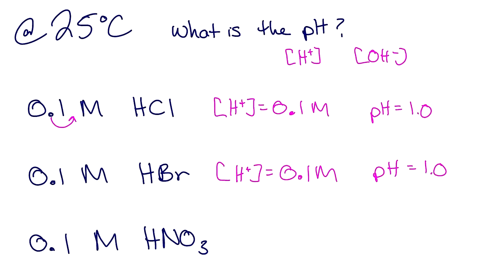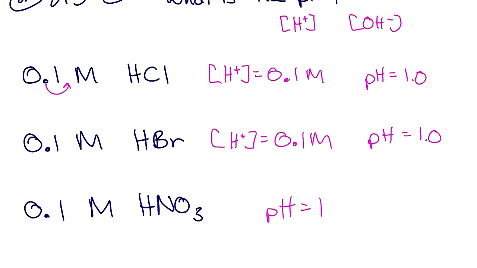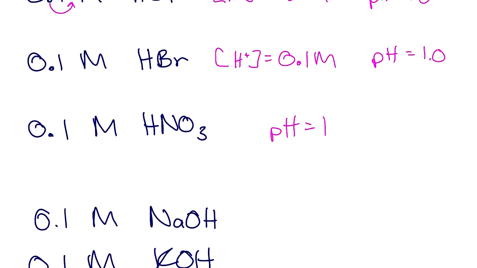What about the next one? What is the pH? 1. Why is the pH 1? It is also a strong acid. Perfect. Oh no, now I changed it. Sodium hydroxide, what's that? That's a base. So we can't get H plus concentration directly. We're going to do this a little bit differently.